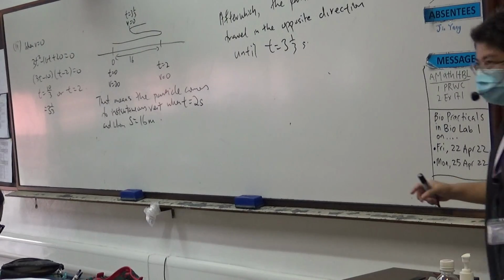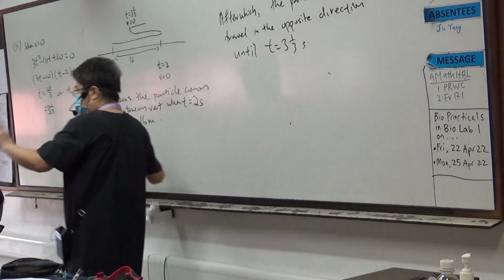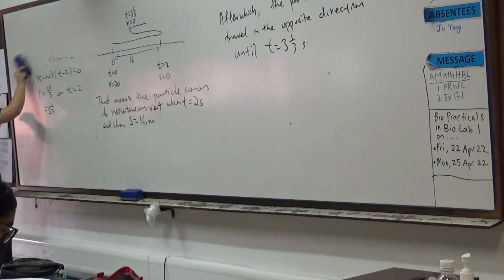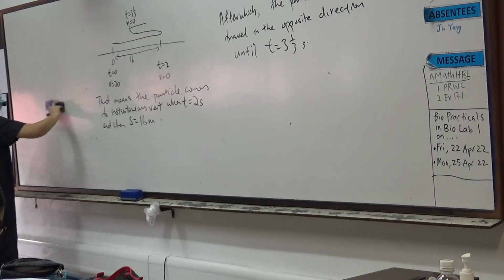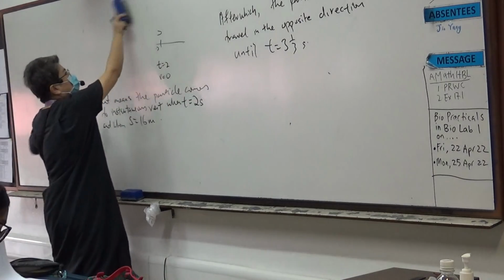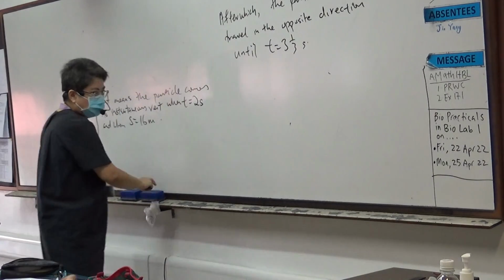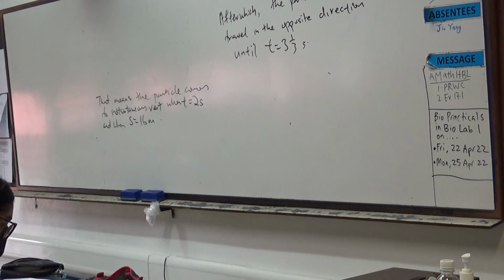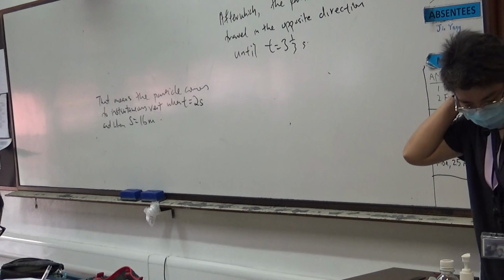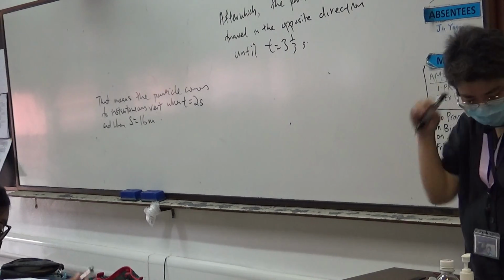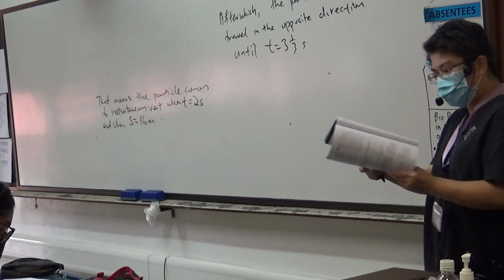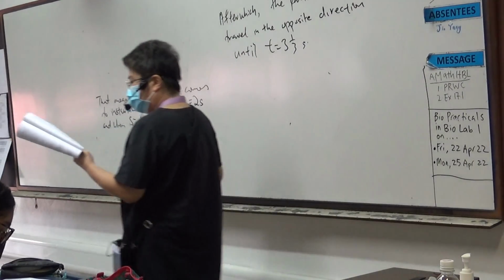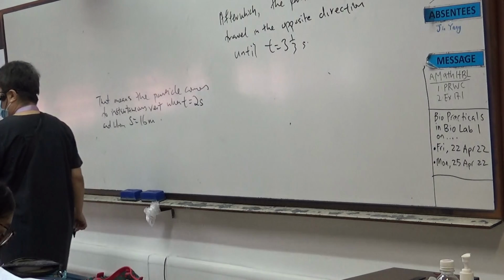I'm going to read the question for example 4 first. A particle travels in a straight line so that t seconds after passing a fixed point O, its velocity v is given by t squared minus 10t plus 9.